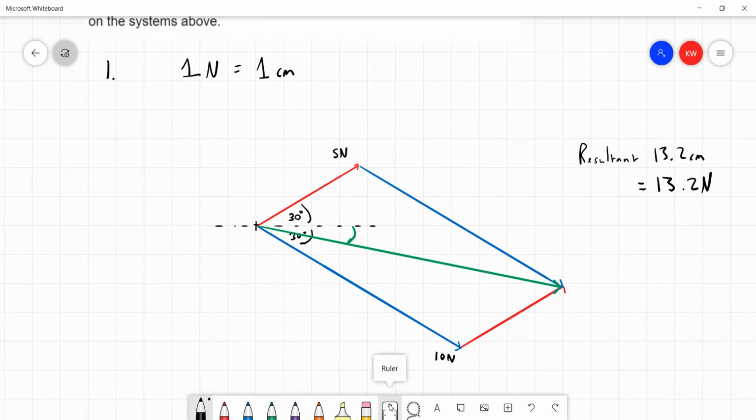13.2 is the magnitude, and I should really write that here. The magnitude just means the size. Magnitude 13.2 Newtons, direction is 11 degrees, and we'd write something like below positive direction of the horizontal. It just means below a line pointing to the right.